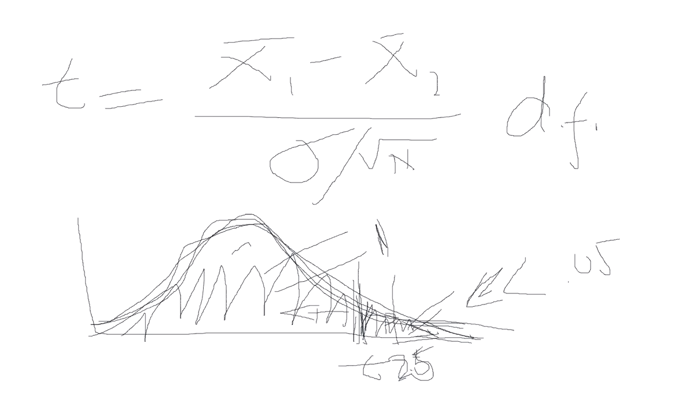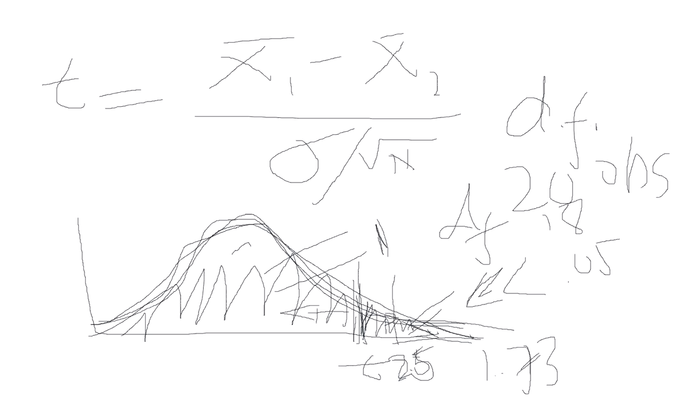So in my case, if there are 20 observations and the degrees of freedom is 18, the critical t for a significance level of 0.05 is 1.734.